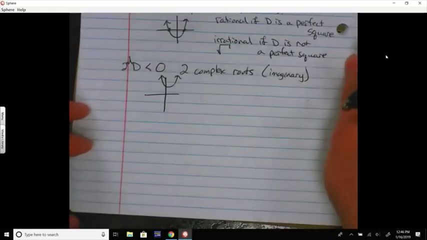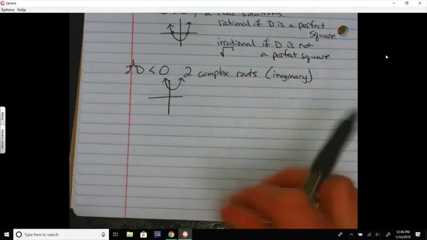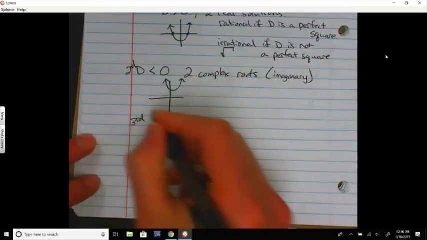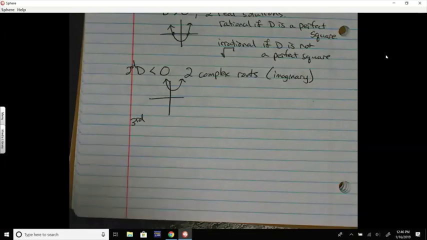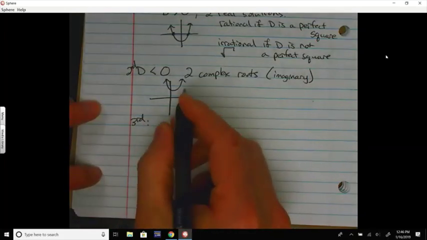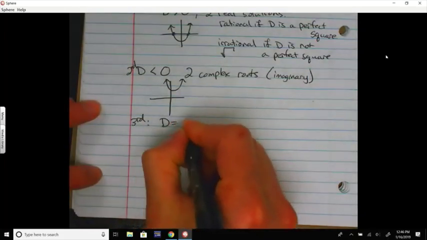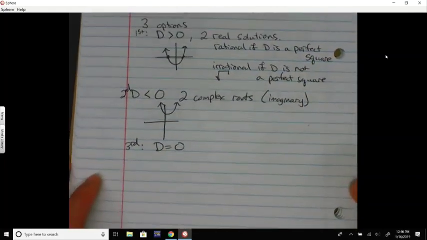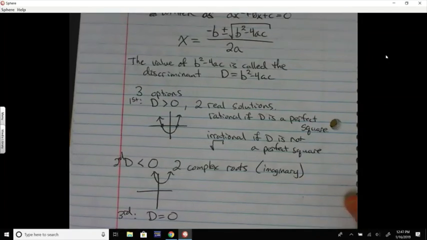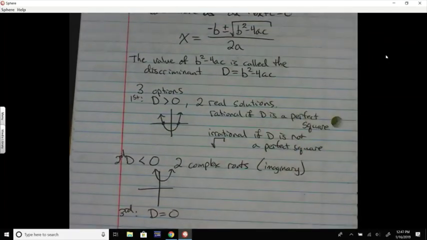So, if it's negative, you have complex roots. What's the third option? If D equals 0. So what happens when the discriminant is 0? Look at the formula. If there's a 0 inside the square root, then it's just negative B over 2A.